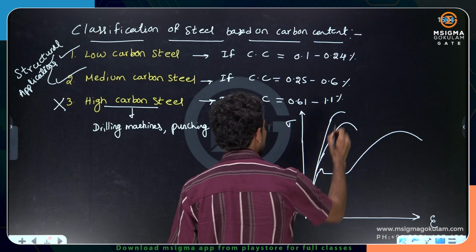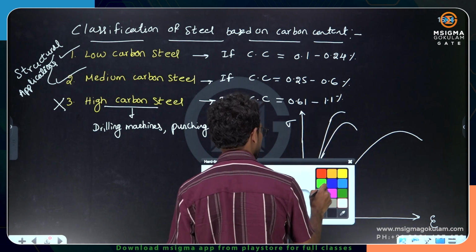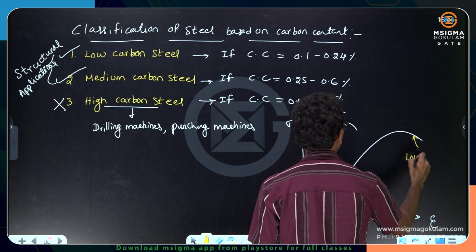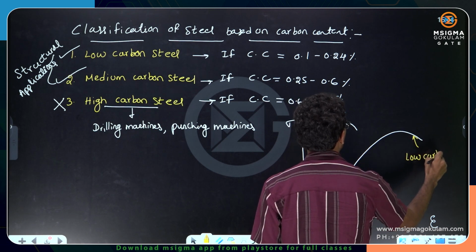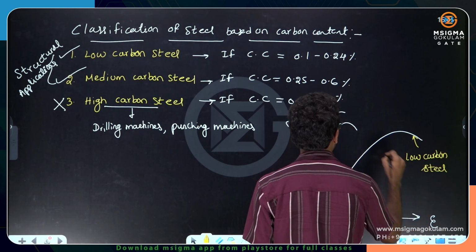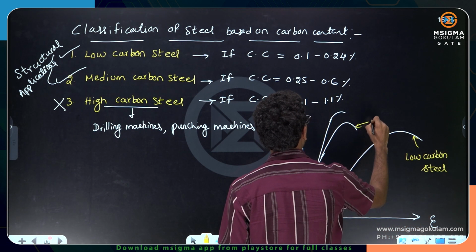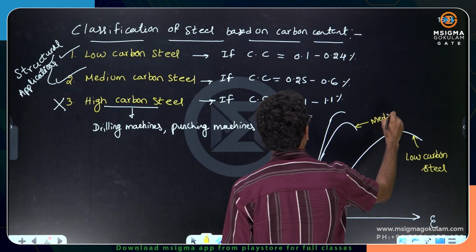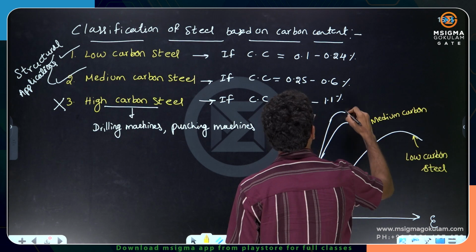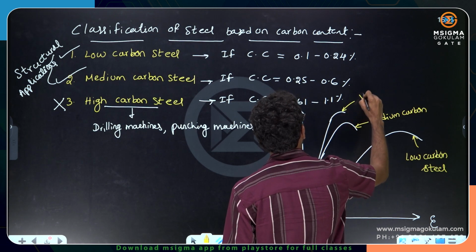See, this particular plot, whatever I have drawn in the beginning, is the example for low carbon steel. These are the low carbon steels, this is the medium carbon steel, and this is the high carbon steel.